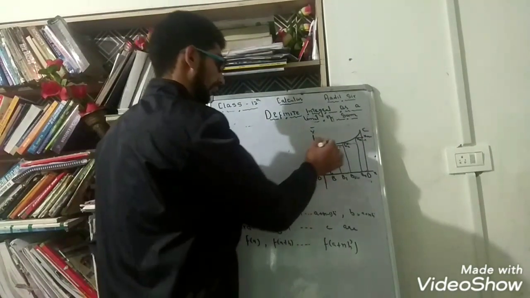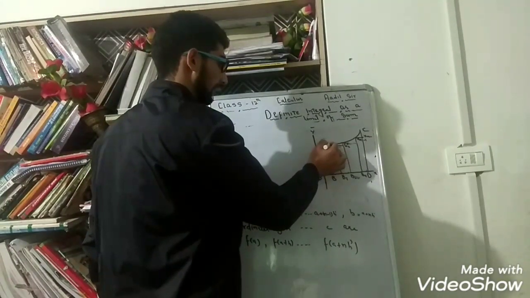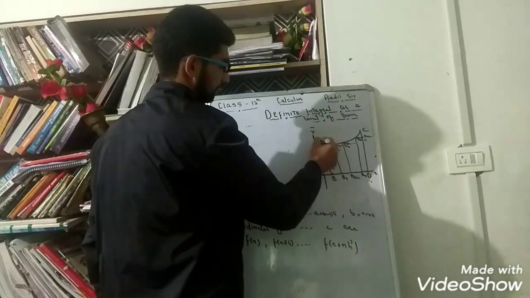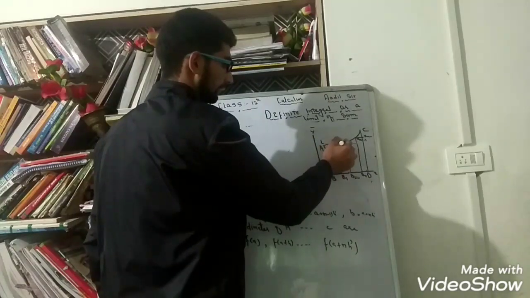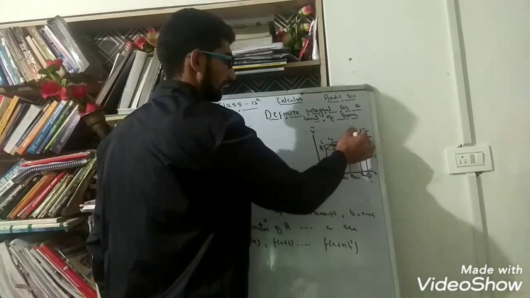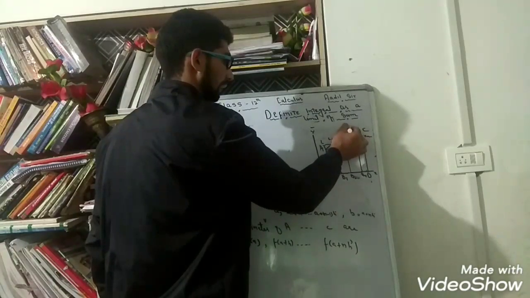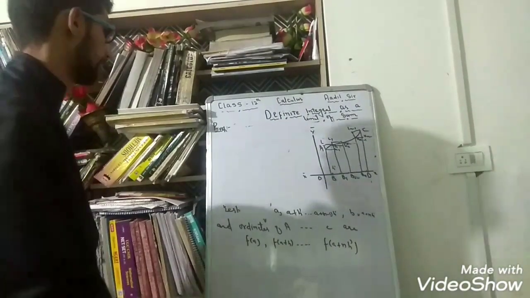Now again I am taking perpendiculars from this point P1 to the extended portion of this A. This is L1, and then from this point, again, this is Ln minus 1. This thing I am doing now.